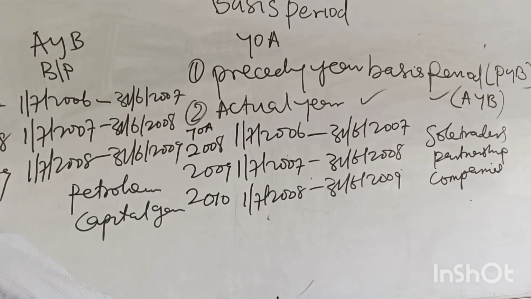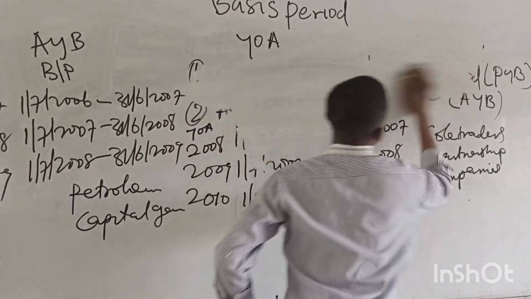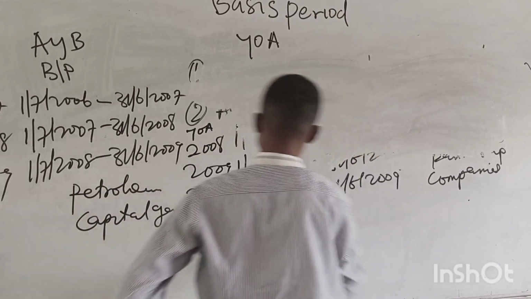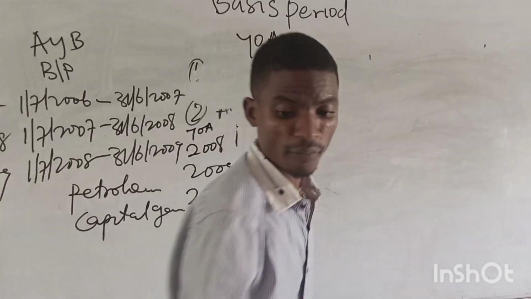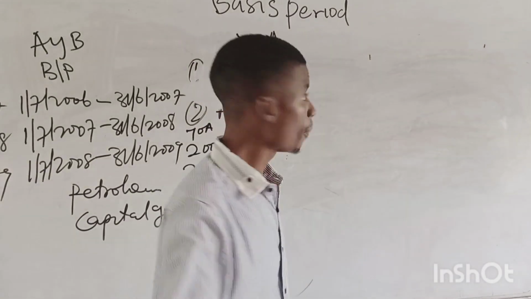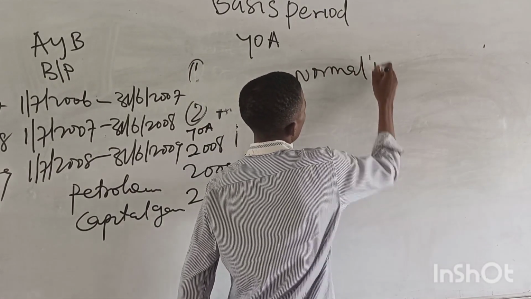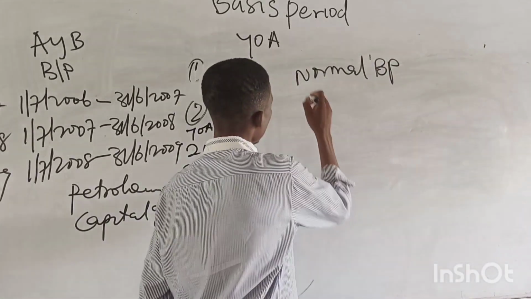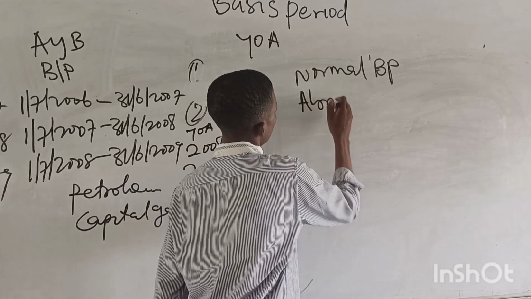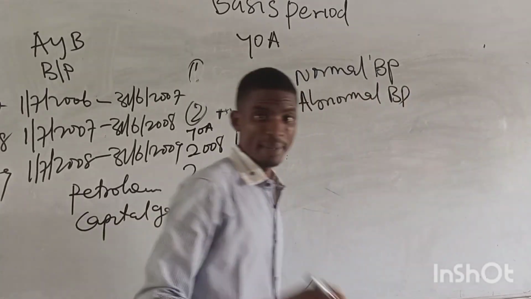But we also have what they call normal basis period and abnormal basis period.